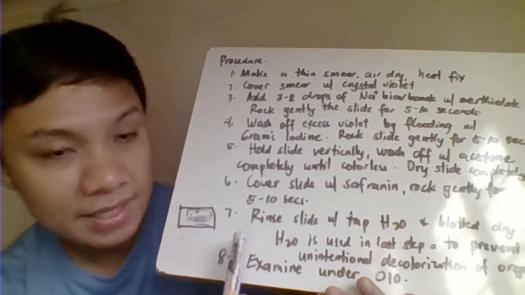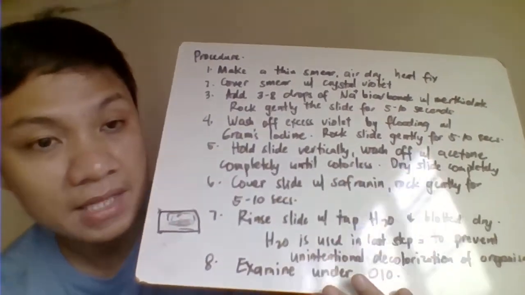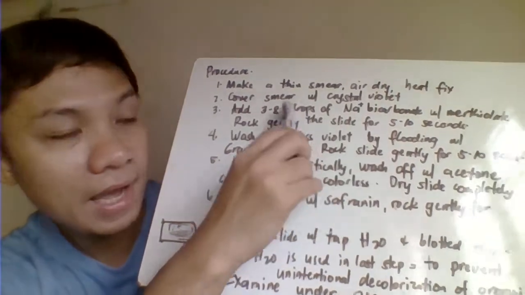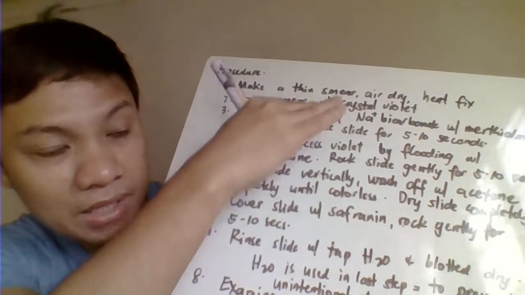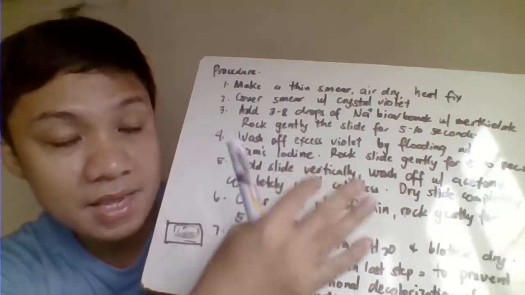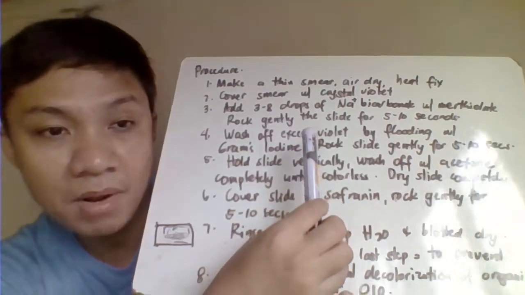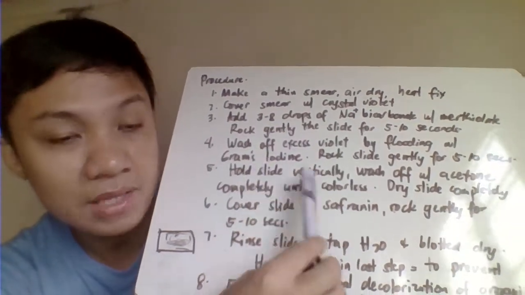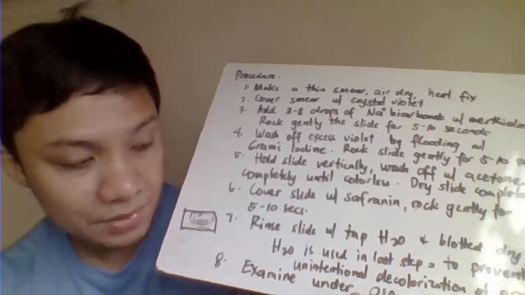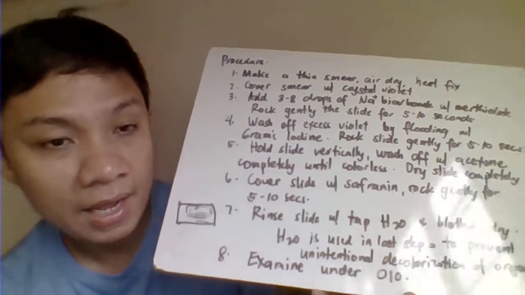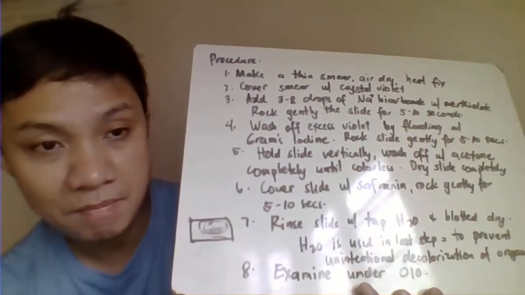Okay, so notice here that we did not wash off with water in between our application of the stains. When you add the primary stain, we don't wash off with water. We continuously add the stain, from your primary stain, next your sodium bicarbonate methylate, then your gram's iodine. We don't wash off with water in between because there might be an unintentional decolorization of your organisms, and therefore a different reaction.